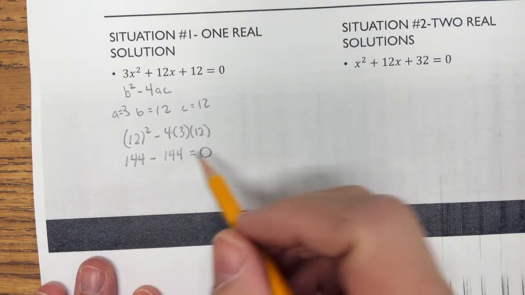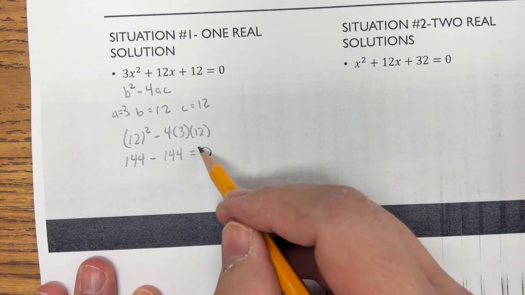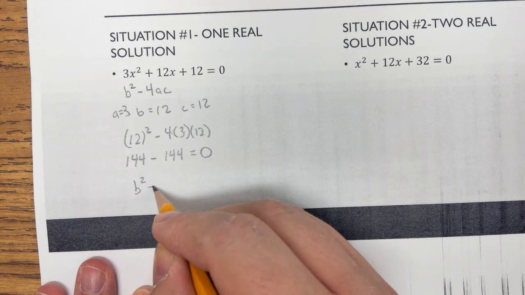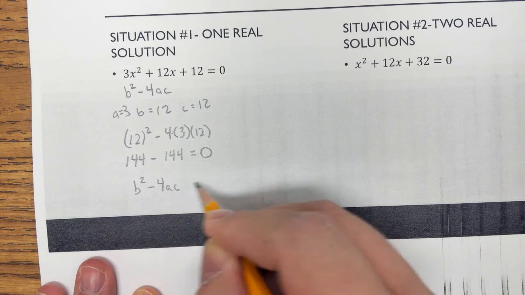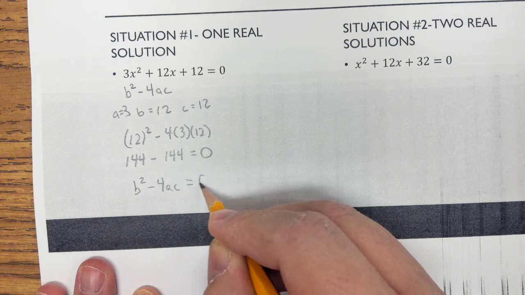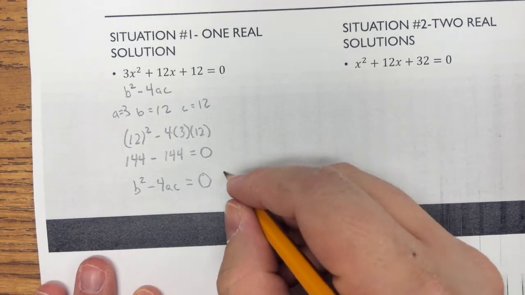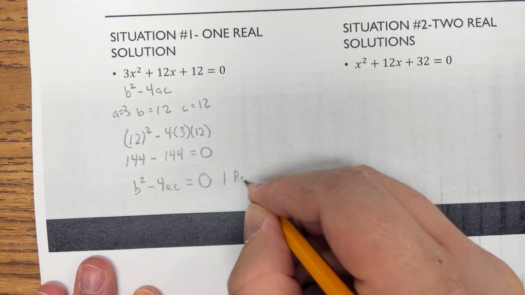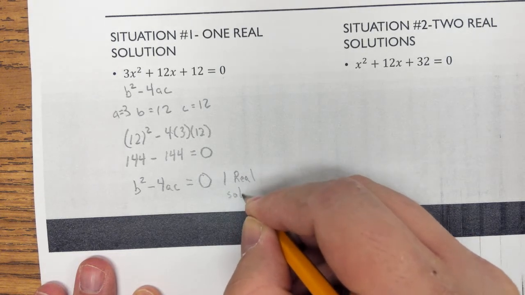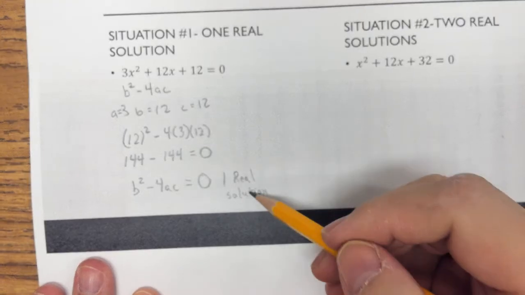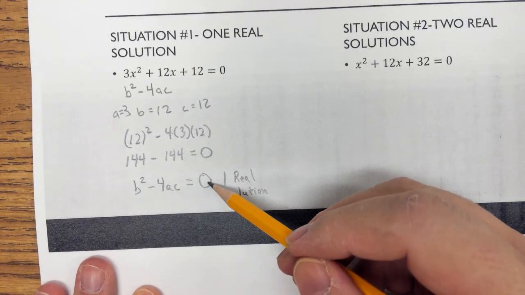So my discriminant is equal to 0. If b squared minus 4ac is equal to 0, then you have one real solution.